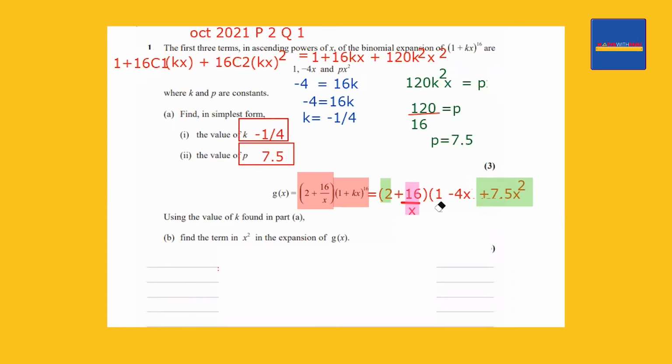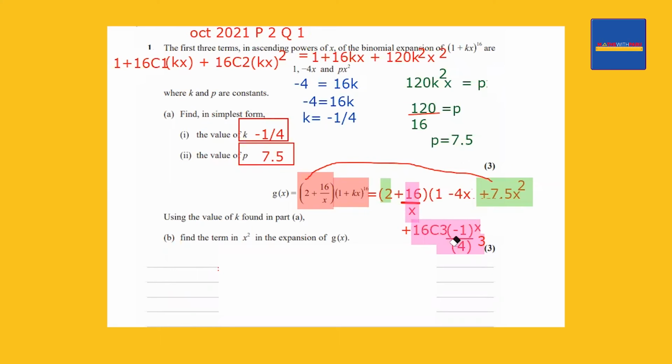Now we're going to talk about the x squared term. How many ways can you find an x squared term? You can multiply 2 by the x squared term there. You can also multiply 16 over x if there was an x cubed term. So what I'm going to do next is add an x cubed term here.